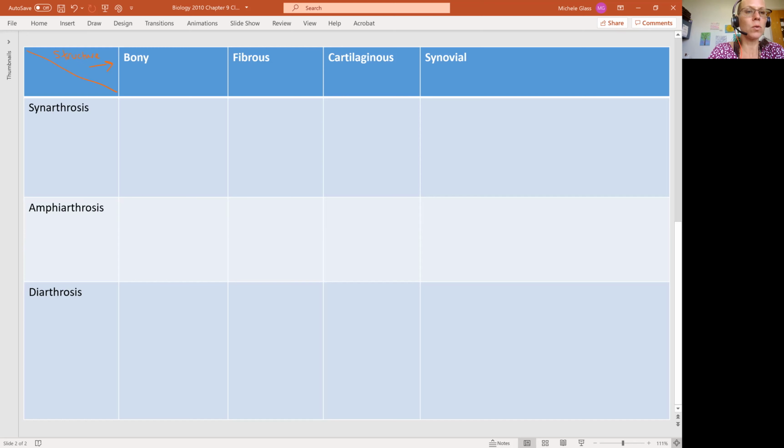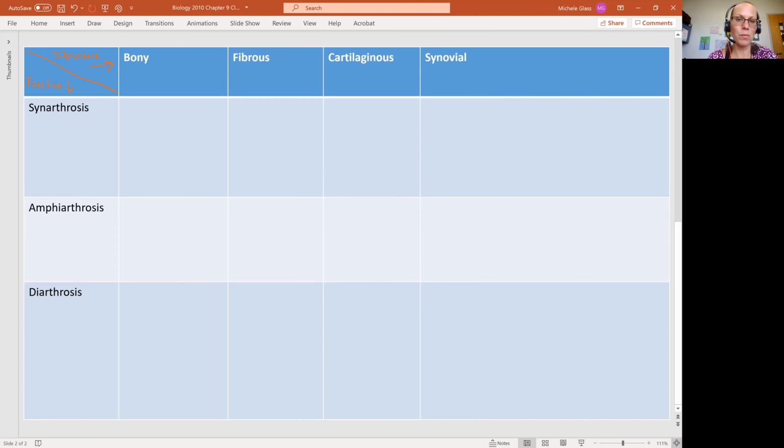And then down the side, let's head our rows by function. When we head our rows by function, we have synarthrosis, amphiarthrosis, and diarthrosis. You've heard of the term arthritis before.